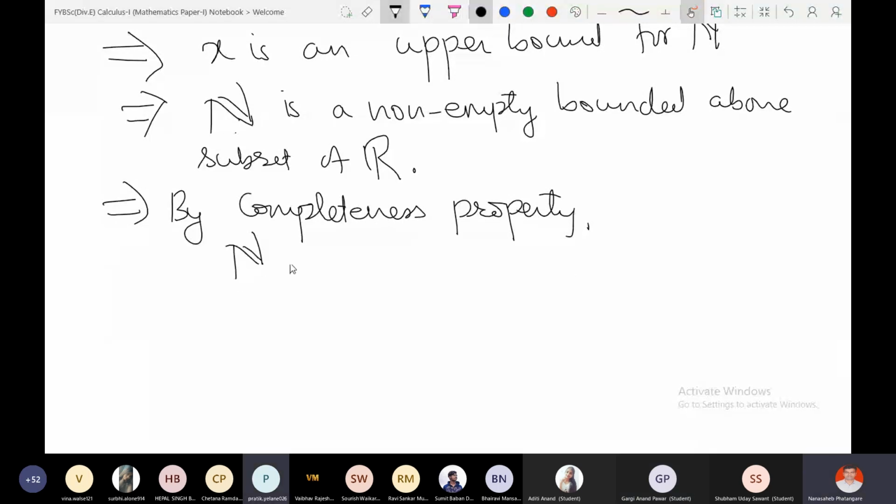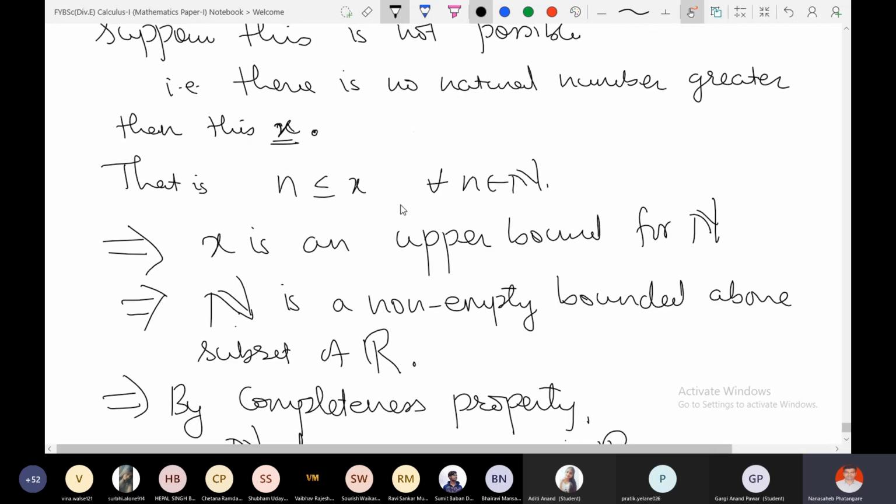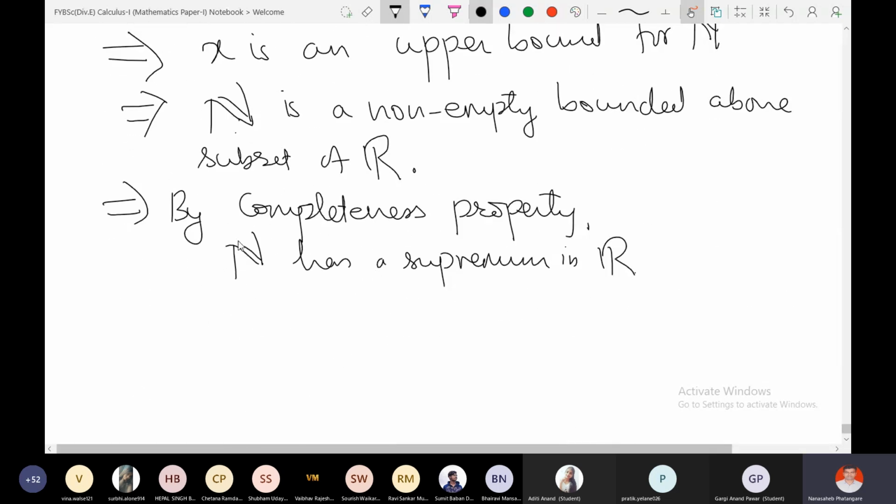Then N has the supremum in R, right? Because what the completeness property says is, once your subset of real numbers is bounded above and non-empty, then its supremum exists in R. So because of these arguments, we came to the conclusion that N has a supremum in R.